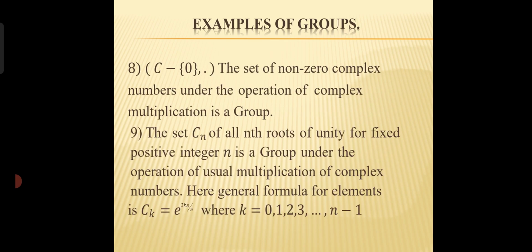Next, example number 8 is C minus 0, the set of non-zero complex numbers under the operation of complex multiplication, is a group. The set Cn of all nth roots of unity for a fixed positive integer n is a group under the operation of usual multiplication of complex numbers.